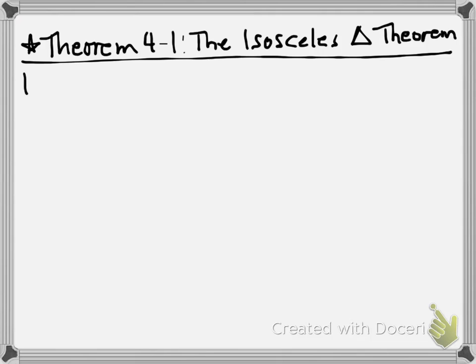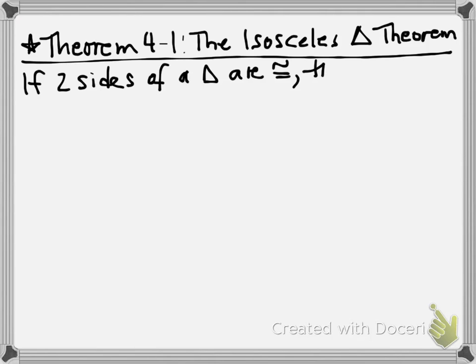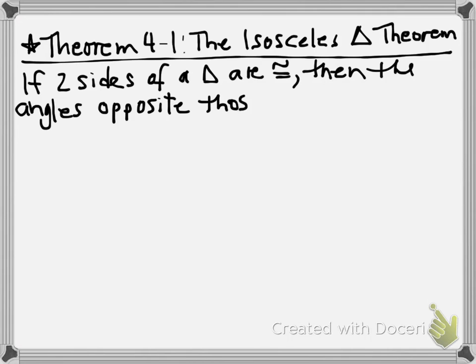And it says, if two sides of a triangle, notice it doesn't say of an isosceles triangle, it just says of a triangle. If two sides of a triangle are congruent, which by definition we would be able to say, oh, it must be isosceles, then the angles opposite those legs are congruent.